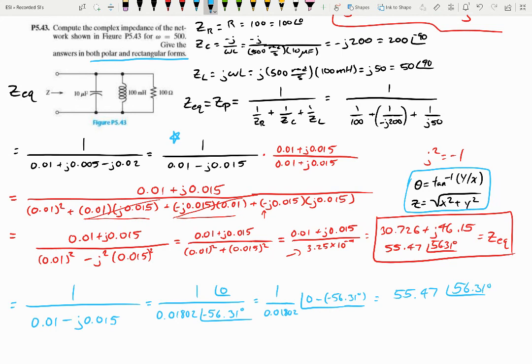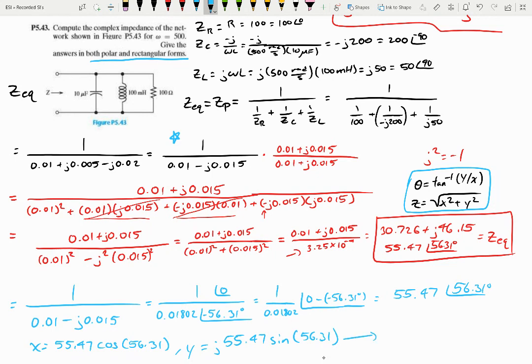And then if we do the component form, where x will be equal to 55.47 cosine of 56.31, and then y is equal to j 55.47 sine of 56.31 degrees.